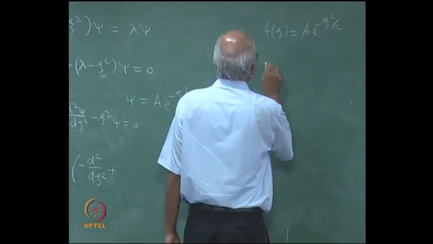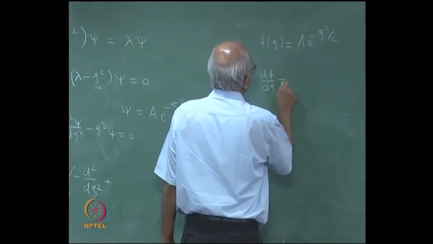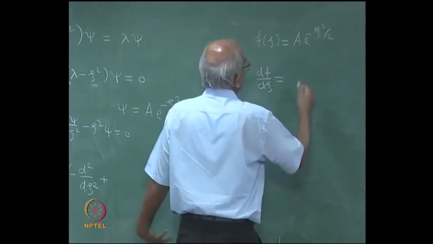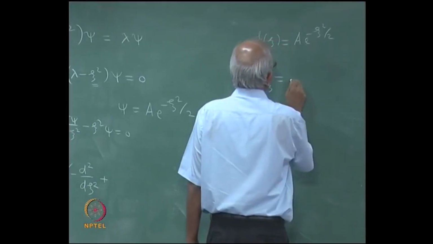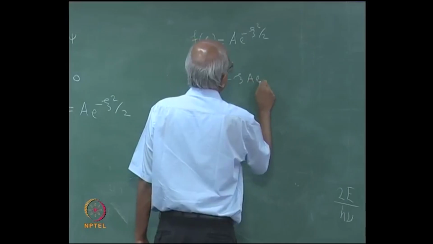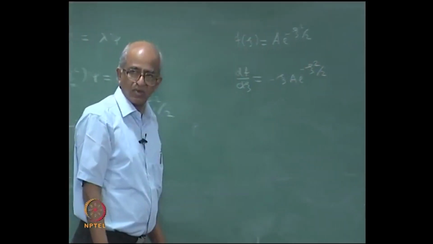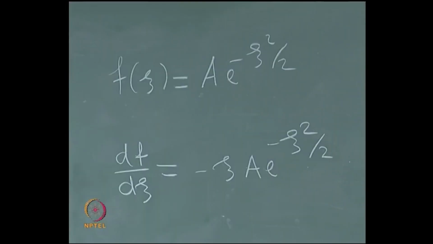Suppose you take its first derivative, df by dc will be how much? Well, it is fairly simple and straightforward. It is going to be equal to minus c times a e to the power of minus c square by 2, correct. If you took this function, took its first derivative, that is the answer.